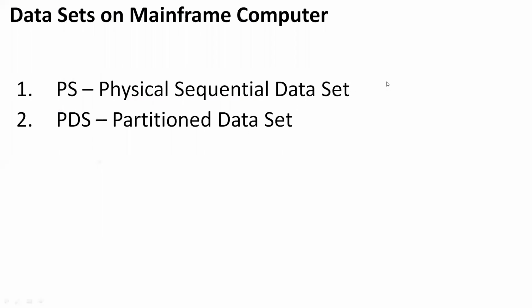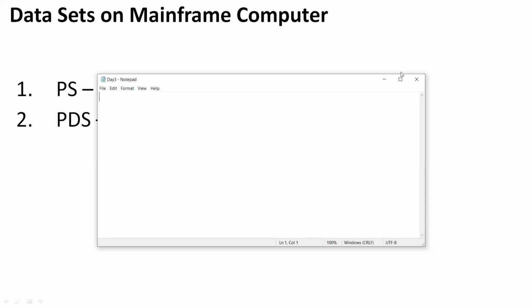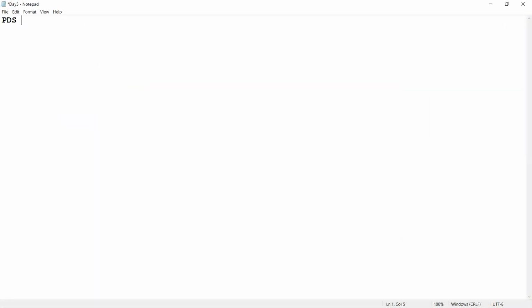I'm creating a PDS library, and we can call this PDS dataset a library. Any dataset name, PDS or PS, should not exceed 40 characters. The length should not be more than 40 characters.